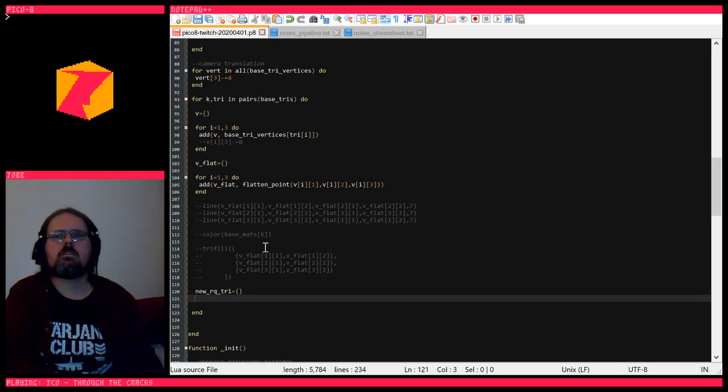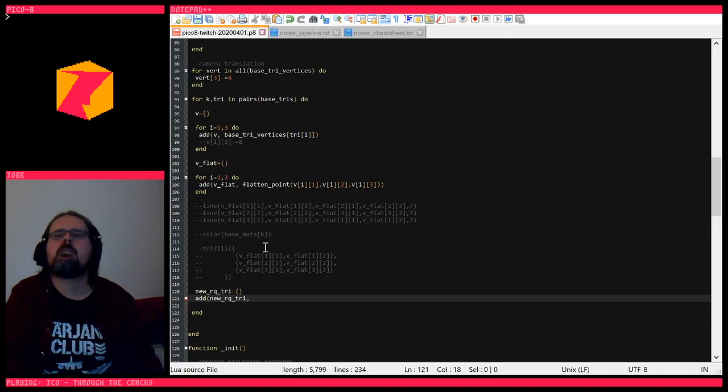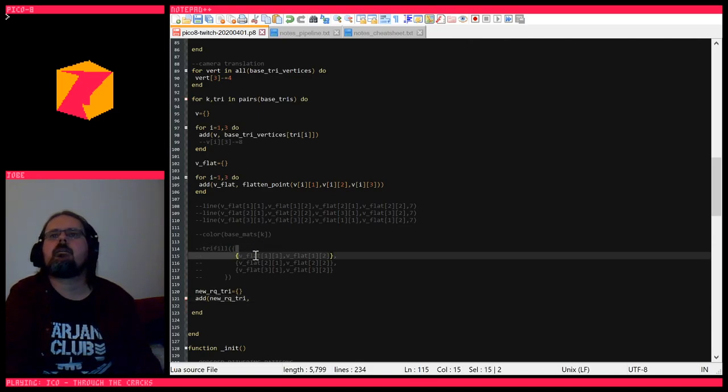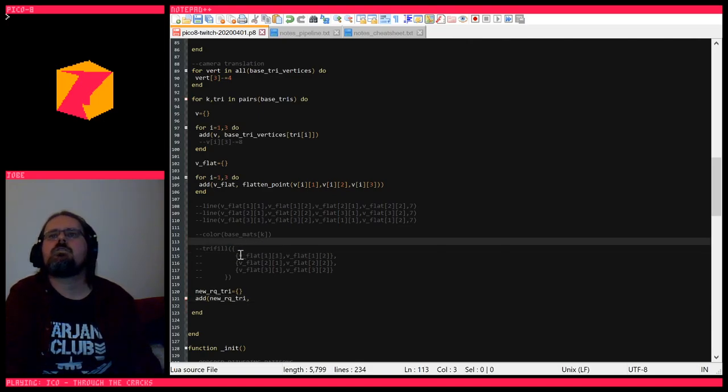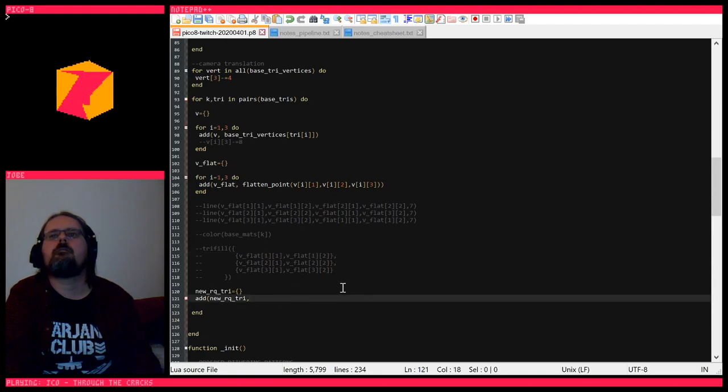So first things that we are adding to this new array are indeed the two-dimensional triangle vertices.